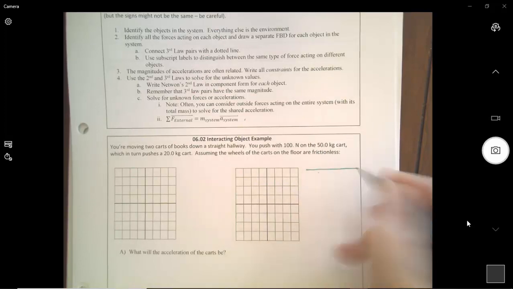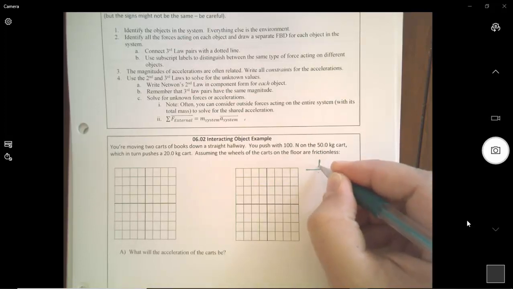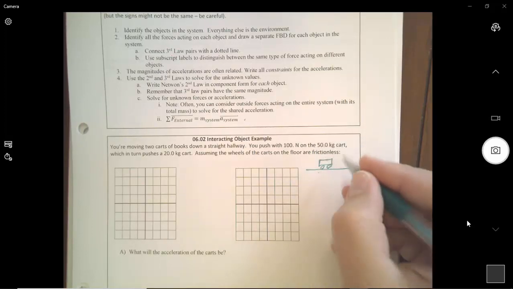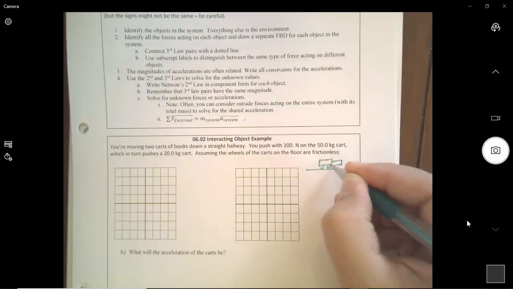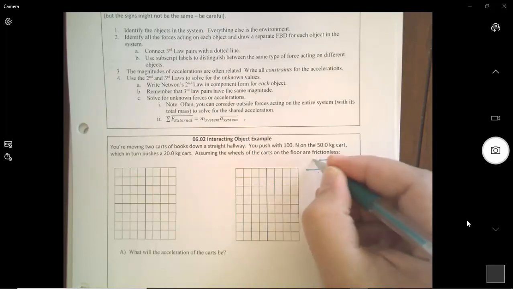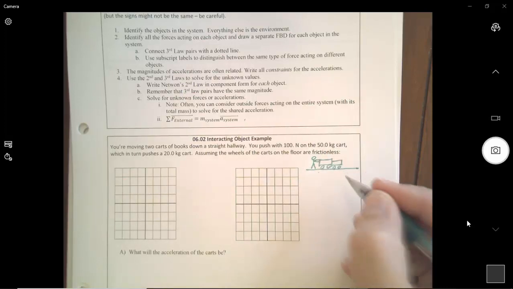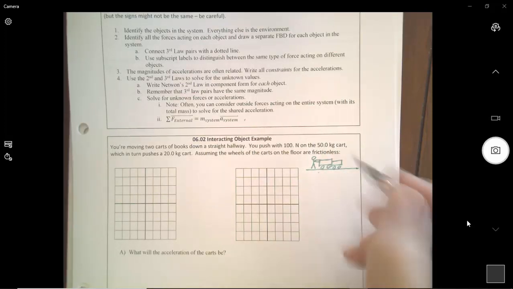What we've got is two carts. There's a heavy cart and a light cart. And you are pushing on the heavy cart. And the heavy cart is pushing on the light cart. Okay?